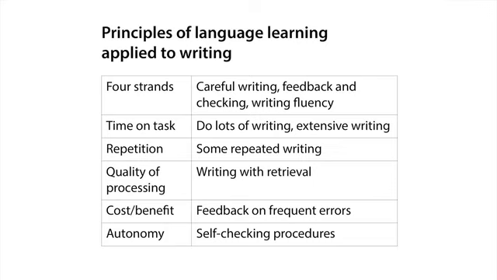About 1/3 of the activities in a language course should be activities that the learners have already done before and that they're now repeating. The fourth principle is the quality of processing principle. And that means that when learners do writing, they should make retrieval. That is, copying is a useful activity, but very quickly learners should get on to doing writing where they have to think of the words that they will need in their writing and bring them back or retrieve them from their memory.